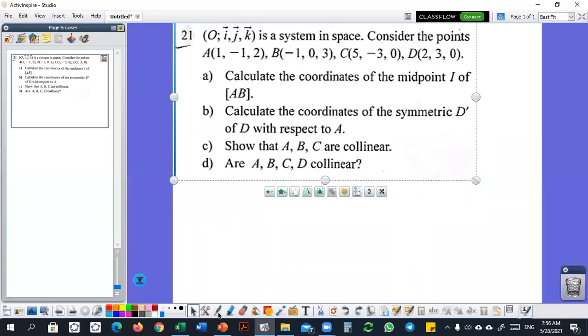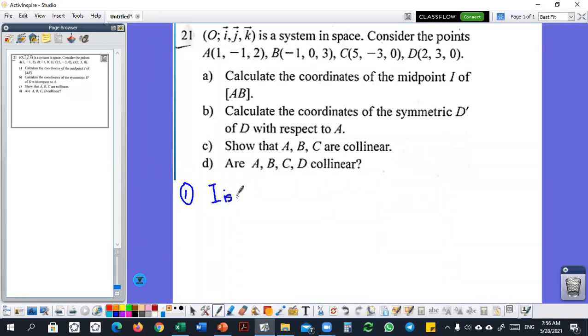There are no tricks here, as we said, direct questions. So in part 1 I will mention that I is the midpoint of the segment AB.